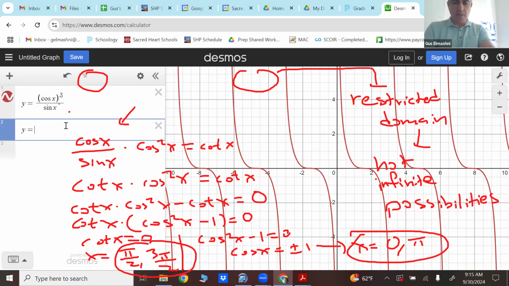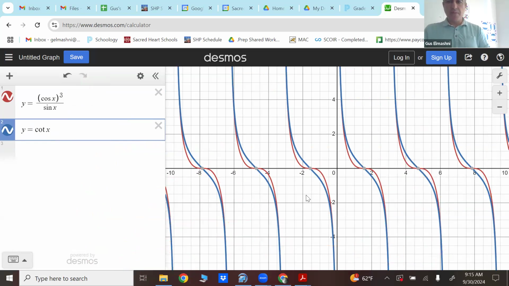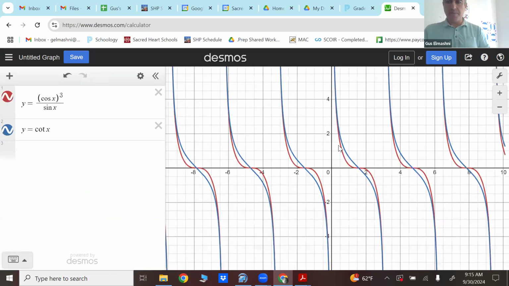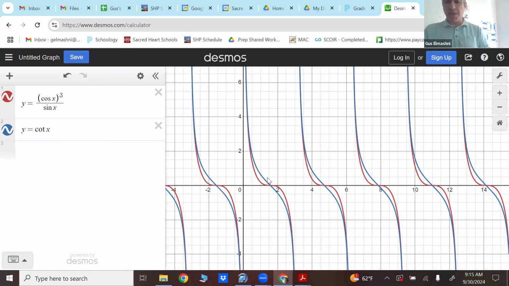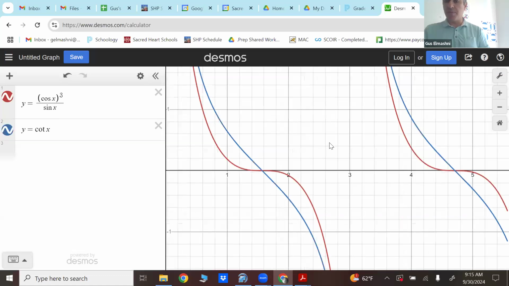And the other one's y equals cotangent x. Of course, they intersect a lot of different places, right? But if I focus on 0 to 2 pi, which is basically up to 6.28, I got those two answers right for sure.